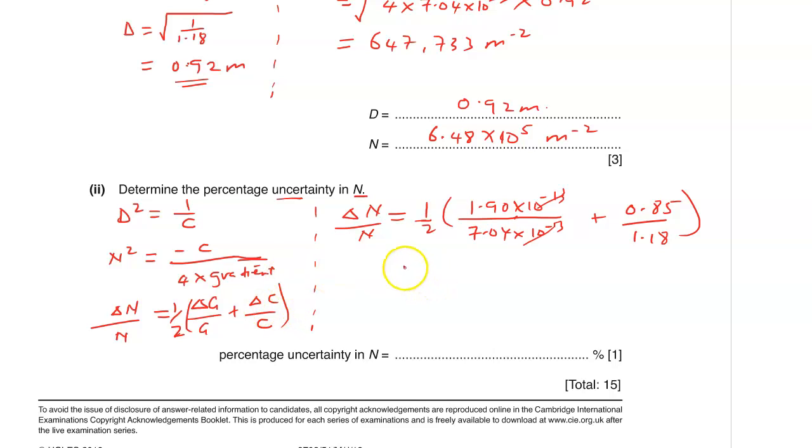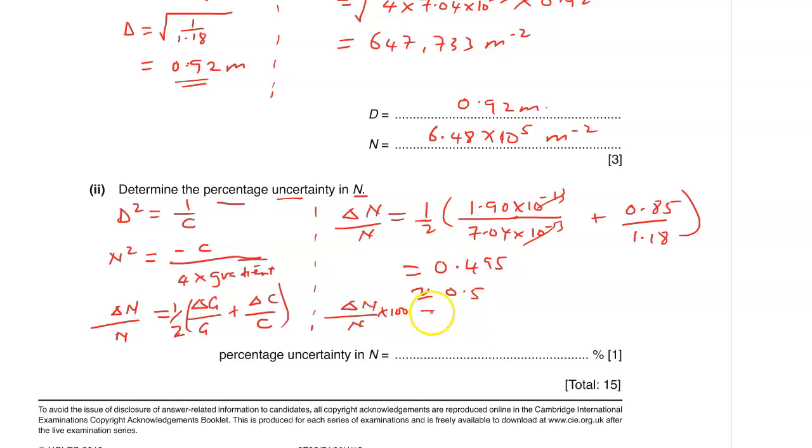So when you work this out, you're going to get 0.495 as the absolute uncertainty for this delta N. This is approximately 0.5. Now to get the percentage uncertainty of N, this is going to be this times 100.